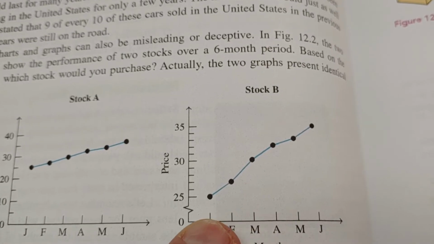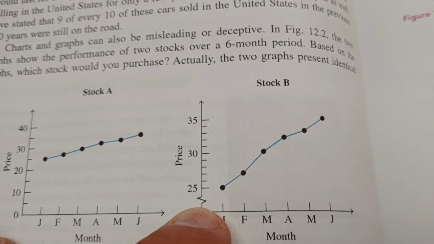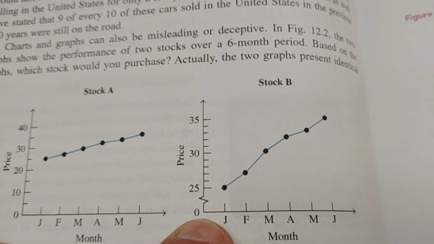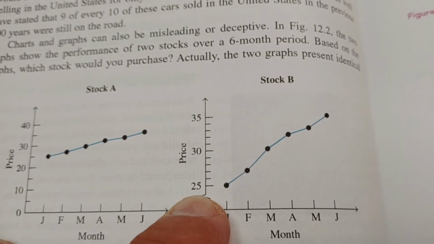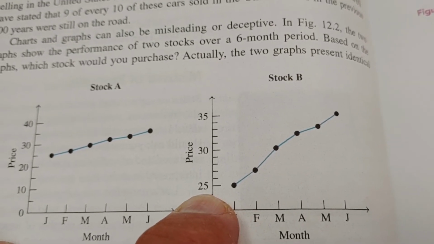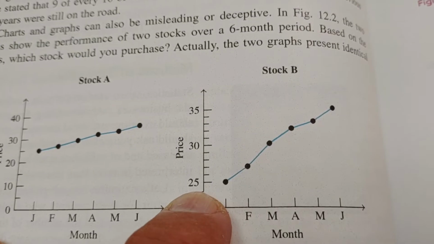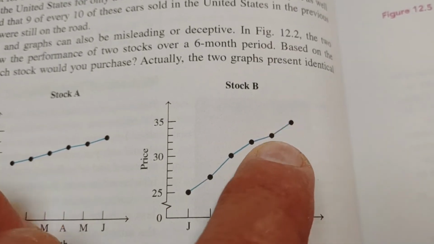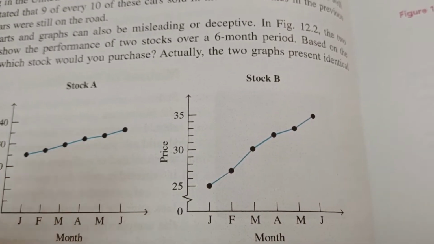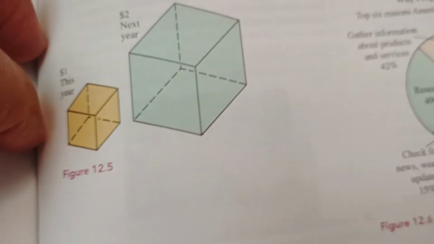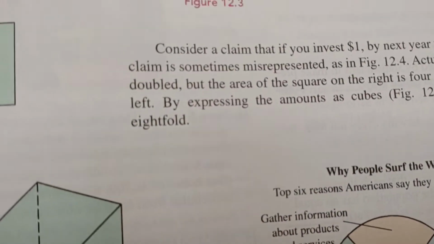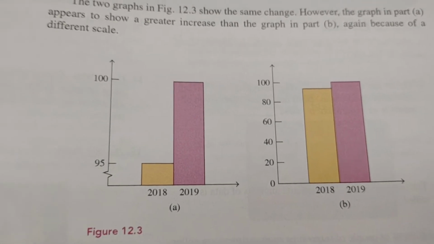Here, this is where they've broken off, and I'm sure everybody understands this. This is where it still starts at 0, but we skip 0 through 24, so to speak. Not skip, but avoid them. And now if we go here, it looks like it's increasing quicker. Some other things, there's a way to manipulate graphs.